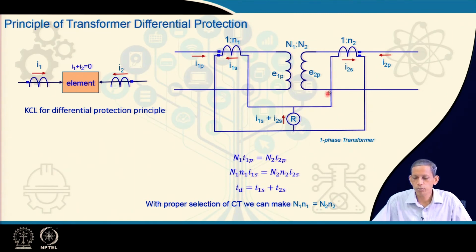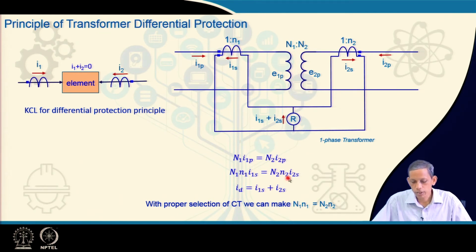Similarly, if we replace the I 2p on this side by the CT secondary current, that becomes small n2 into I 2s. So, we say capital N1 small n1 I 1s equals capital N2 small n2 I 2s. So, with this balancing, normally I 1s plus I 2s will be 0, and the differential current equals I 1s plus I 2s, but this balancing is no more valid in case of an internal fault.